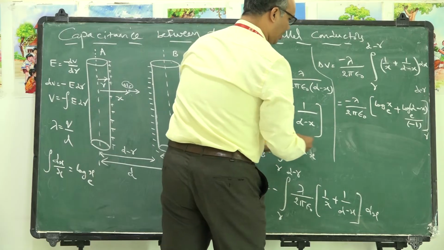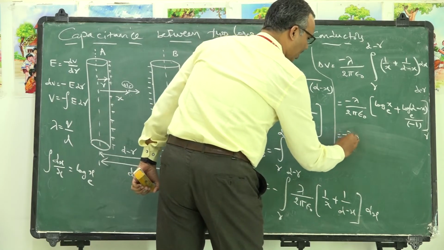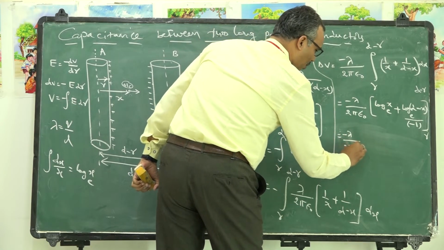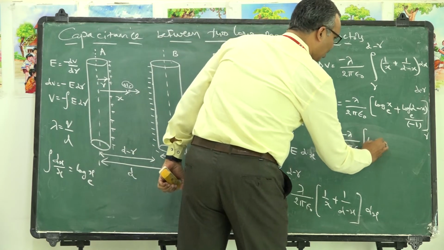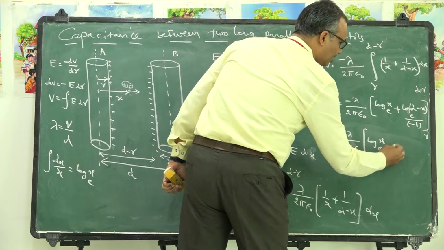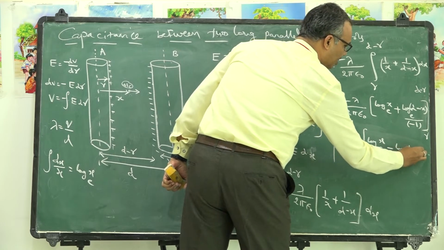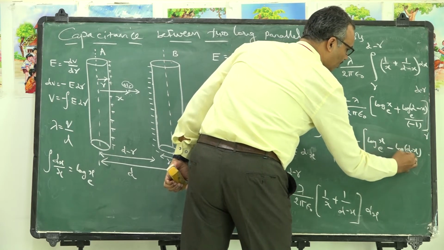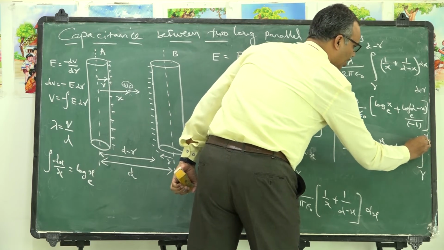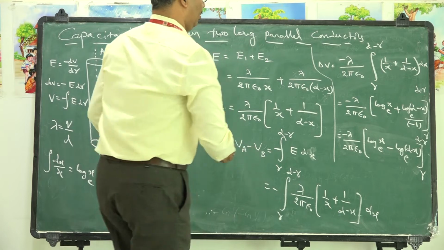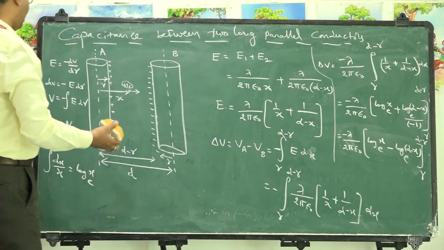Once again I will write here. Minus lambda by 2 pi epsilon naught. First let me simplify this. Log x to the base e minus log d minus x to the base e. Limits are from r to d minus r.